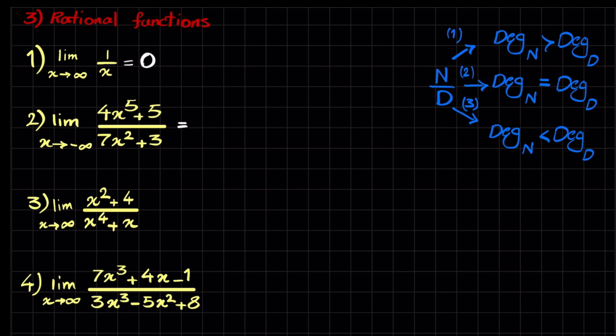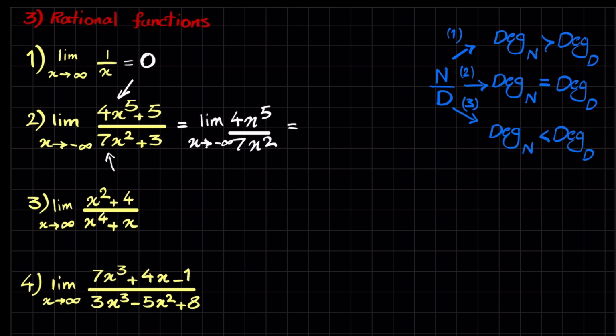Since the higher terms are significant, we're going to only write down those. So it's going to be the limit of 4x to the power 5 over 7x squared as x approaches negative infinity.